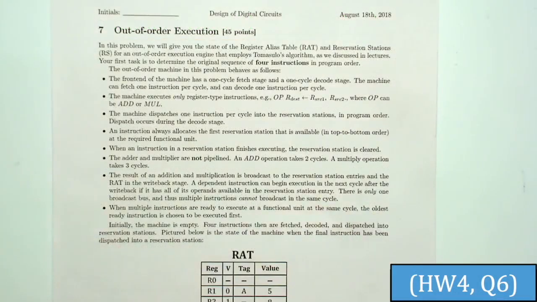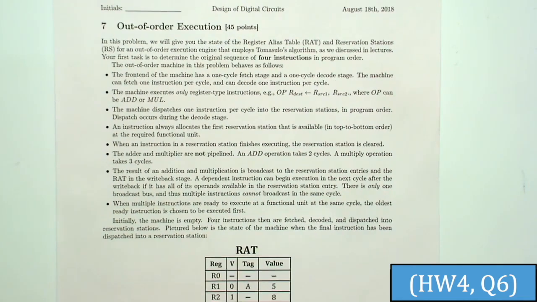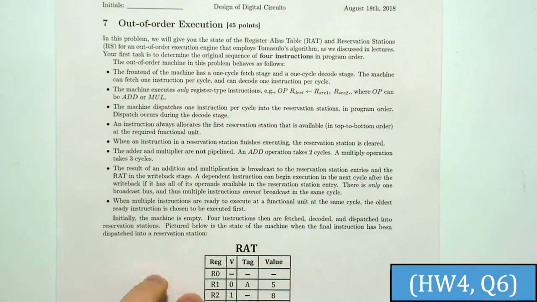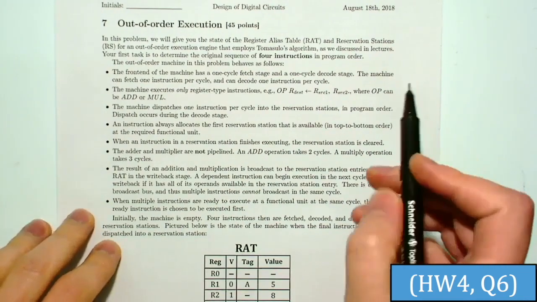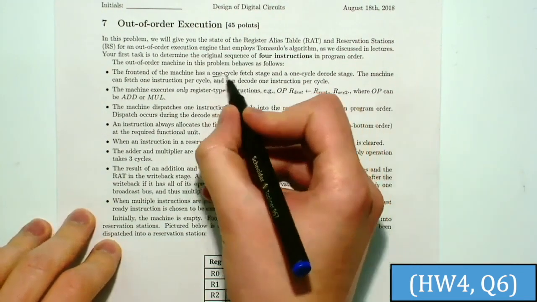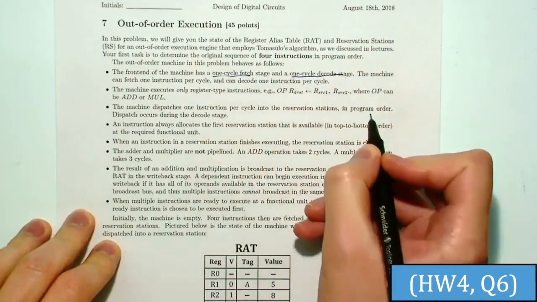Okay, the next question is on out-of-order execution. We solved a very similar question during the first discussion session, if you remember. So this is basically testing your knowledge of Tomasulo's algorithm. And I will just highlight a few important things here in the question. There's a one-cycle fetch and one-cycle decode stage.